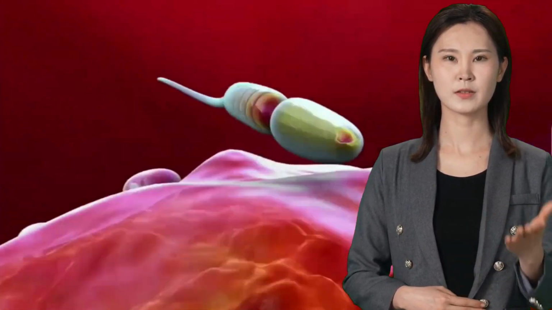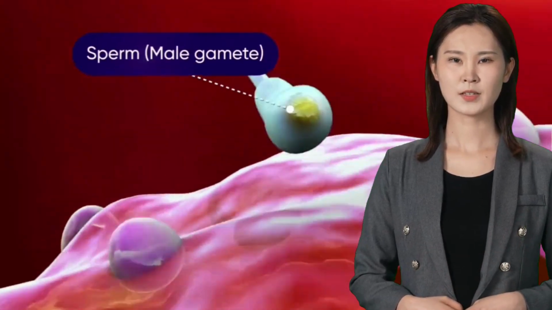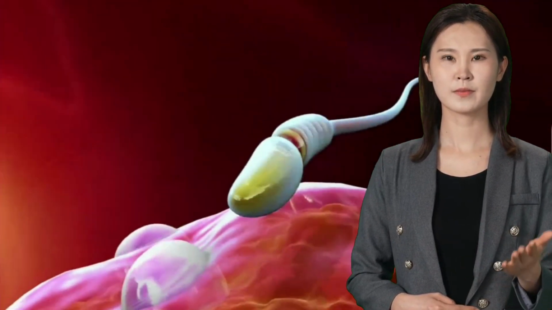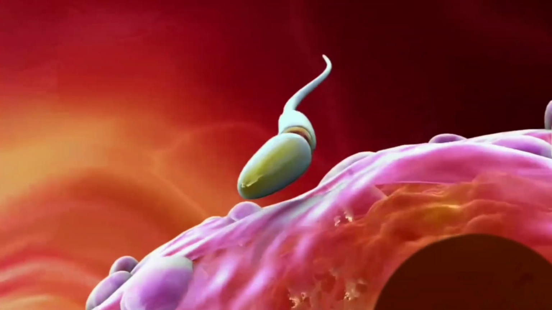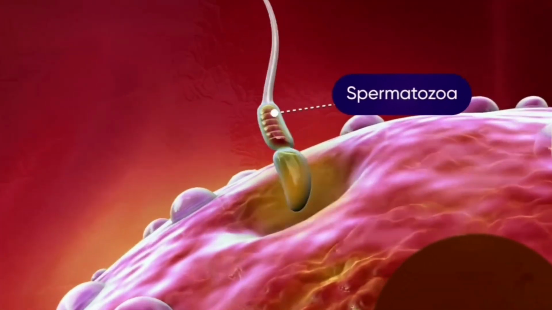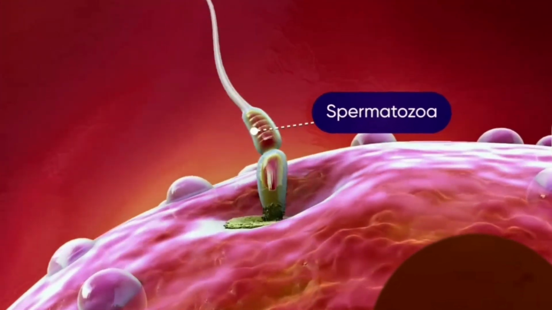Once deposited, the male gametes must swim upwards towards the freshly ovulated ovum. Usually, only a single spermatozoon succeeds in fertilizing the egg.